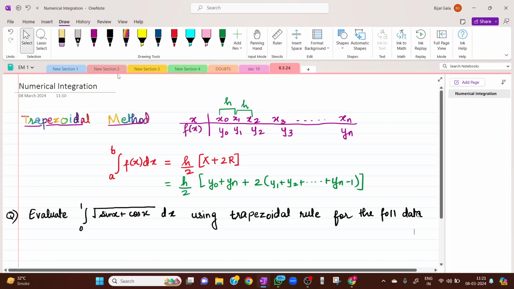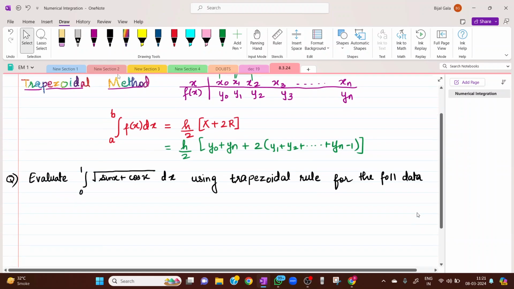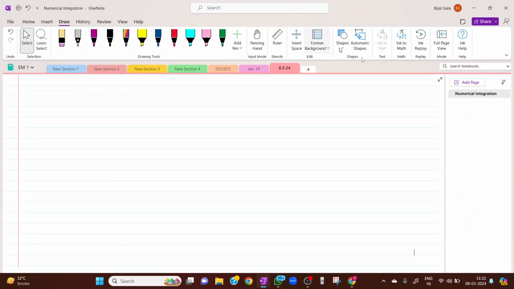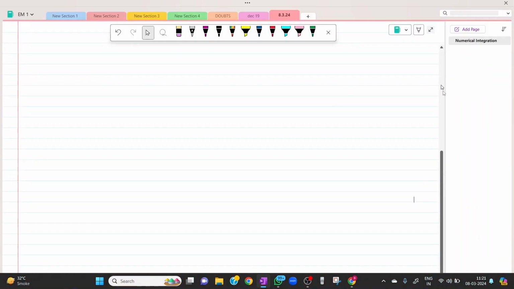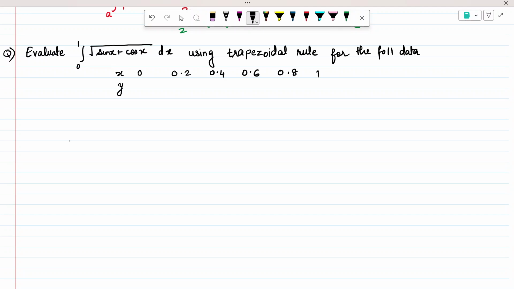Now you can observe question में method का नाम लिख के आ चुका है, कौन सा method use करना है, it is very very very clearly mentioned है, ठीक है. And let's see what's the data given to us. Okay, so the data given to us is x and y की values. x की value lower limit से start होगी and upper limit पे end होगी. So 0, 0.2, 0.4, 0.6 and 0.8. It has to end at the upper limit, which is 1.